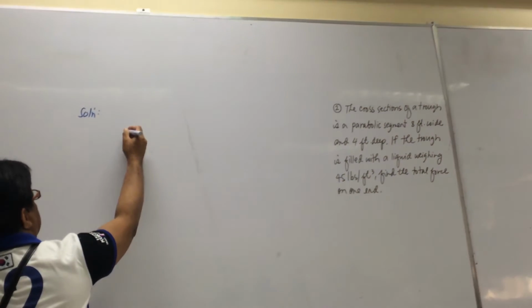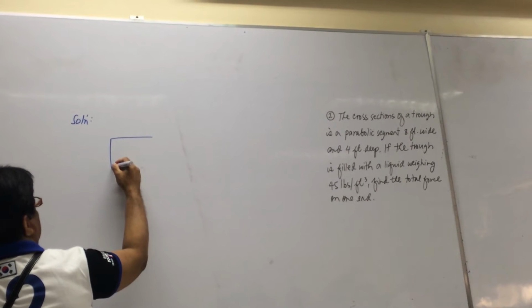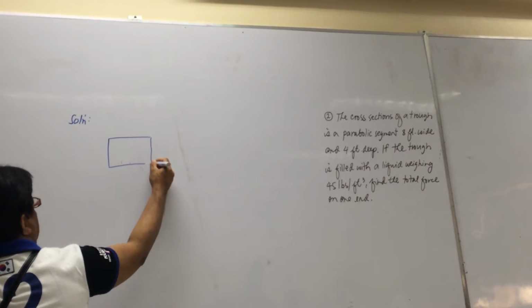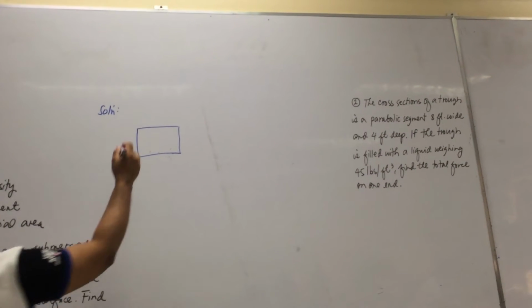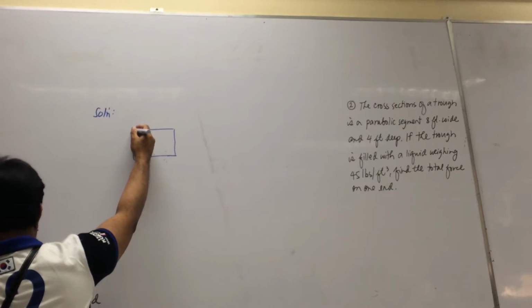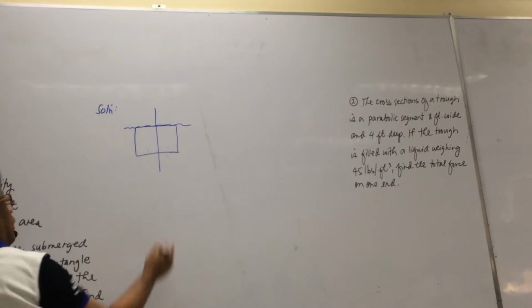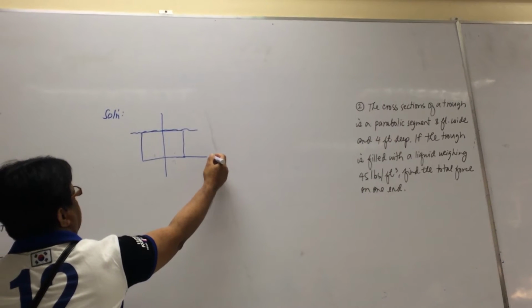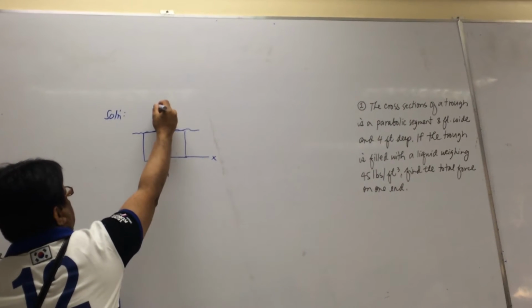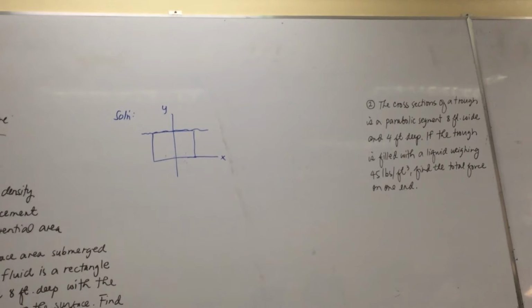So if we have this as the surface area submerged vertically in a fluid with the upper edge lying in the surface, let us have the x and the y axis shown also from here. Let us identify the dimension, 10 feet wide.